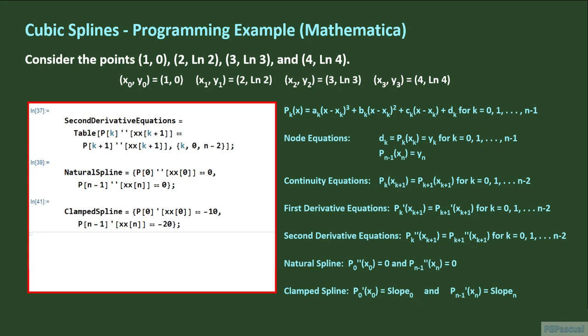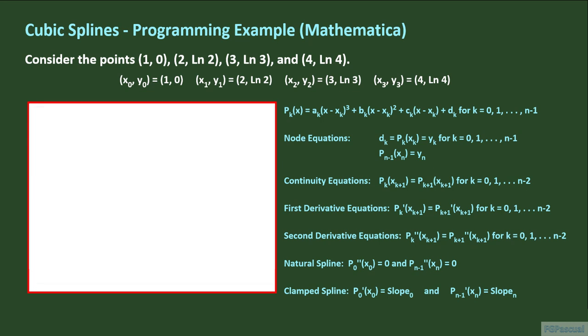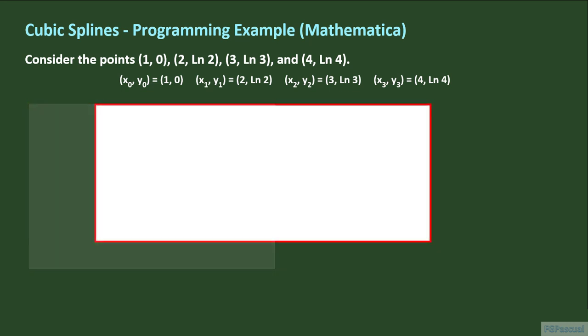To get started with solving the equations, we put all the equations for each of the cases together. We put all the equations together and collectively call them all equations. All equations is a set of equations. The first set is node equations. This is followed by the equation at the right endpoint node.